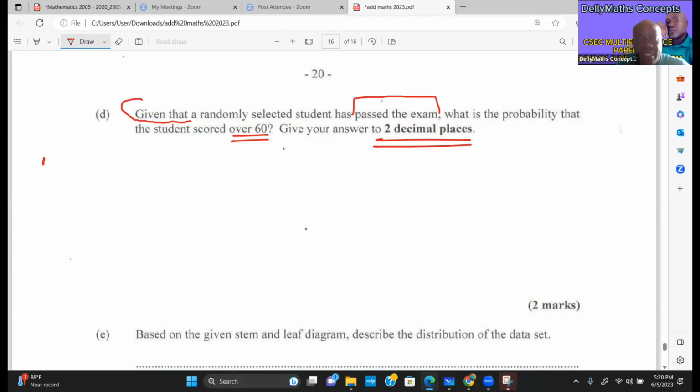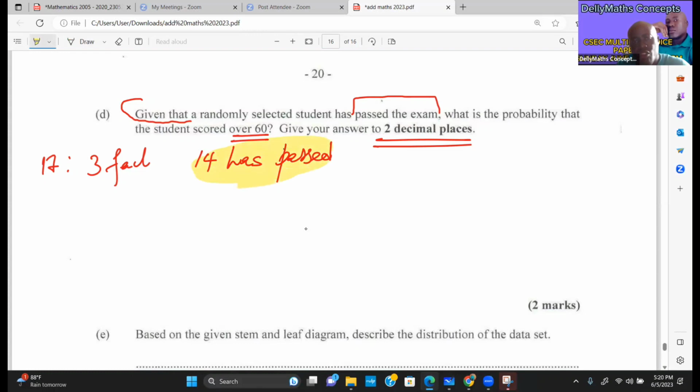Now, if we have 17 and 3 fail, it means then that 14 have passed. So we're going to be selecting from 14, right? So we're going to look within this 14 to see how many of them score over 60.